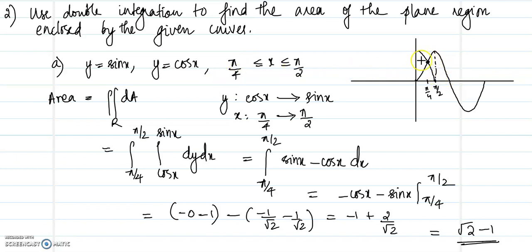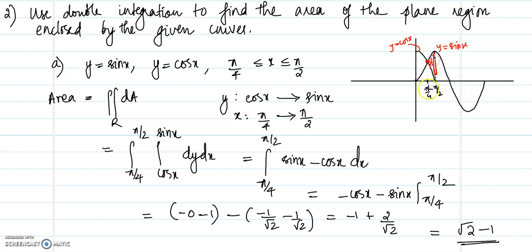The graph of sin x is the one drawn first. So this is y equal to sin x, and here you have y equal to cos x. Now we need only the region from pi by 4 to pi by 2. So this will be x equal to pi by 4, and here you have x equal to pi by 2. So this is the required region.